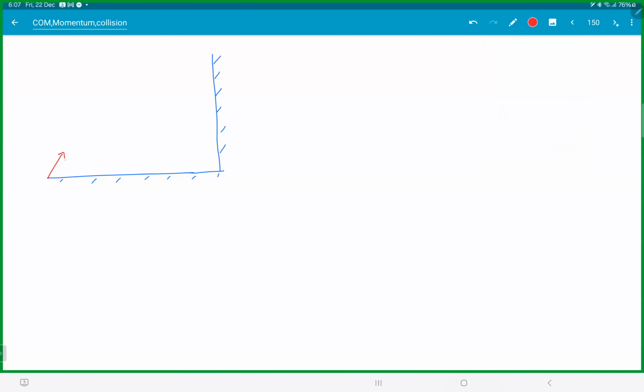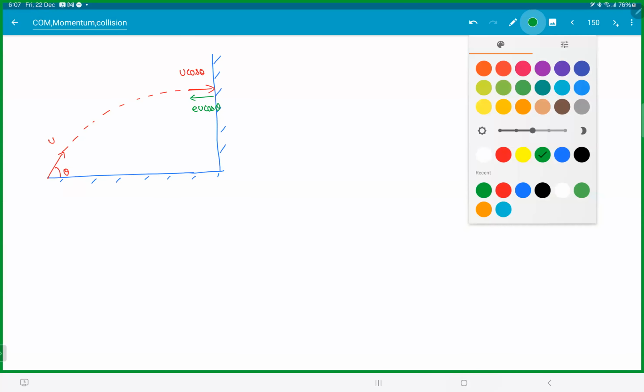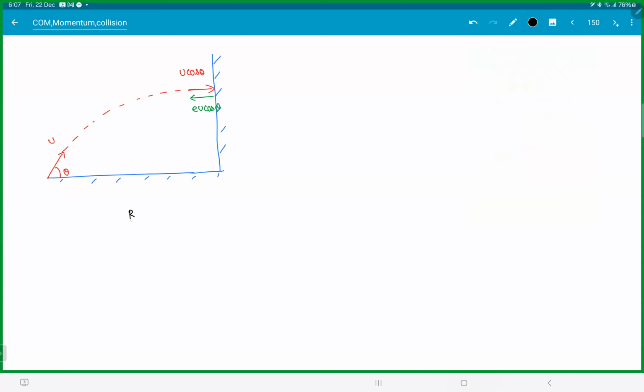So when you project with u and theta, you go there. Since you said you're hitting at h max, this speed will be u cos theta. If you hit a wall with u cos theta, you'll bounce back with e u cos theta. Now, since it is h max here, this distance will be R by 2, half of the range. Everyone agrees till here?